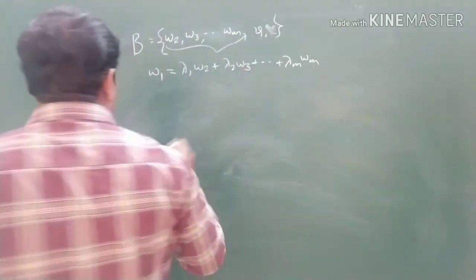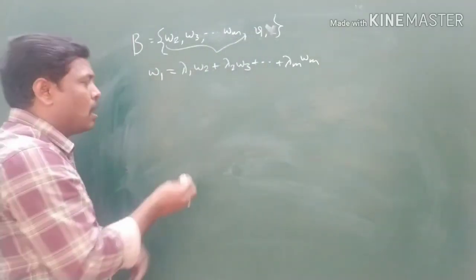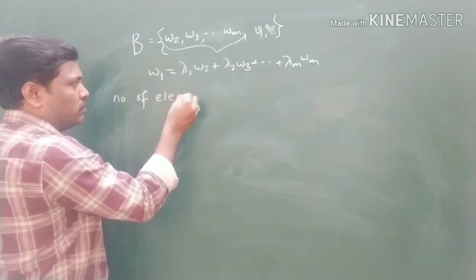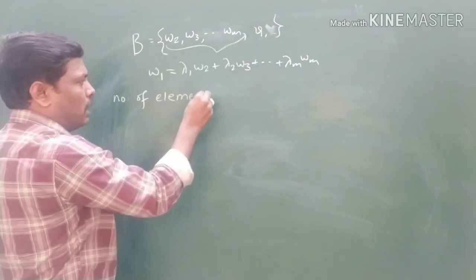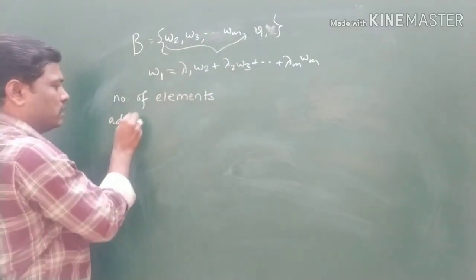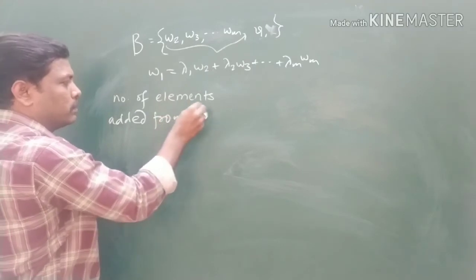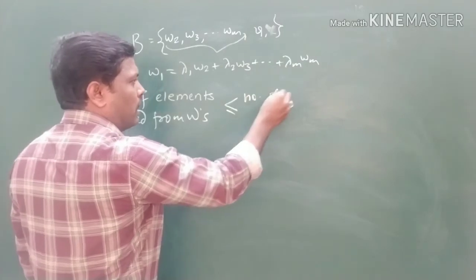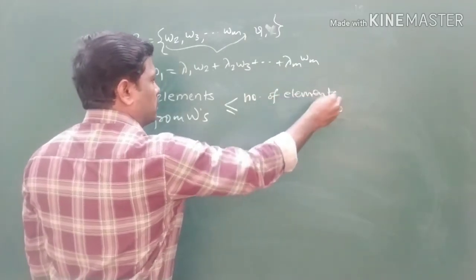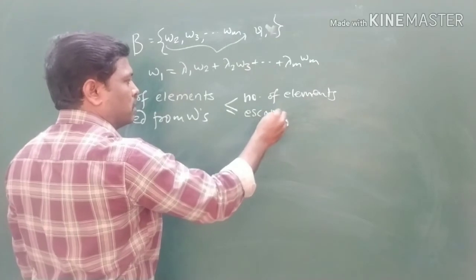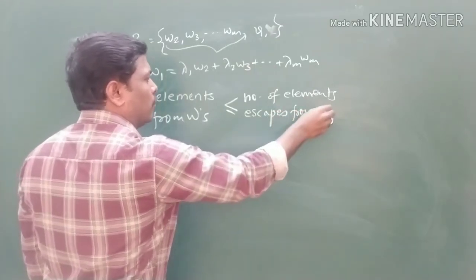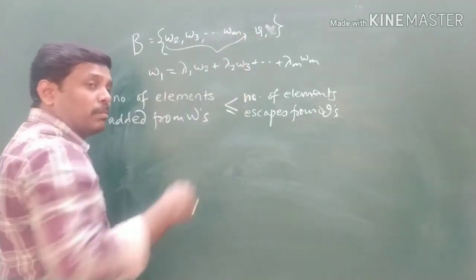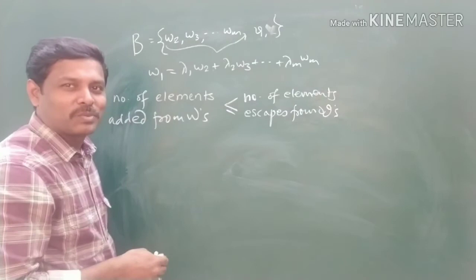And if we observe from this procedure, from B1, B2, the number of elements added from W's is less than or equal to the number of elements escaped from V's. So at least one should be kept here. That means we may escape n minus 1 elements.